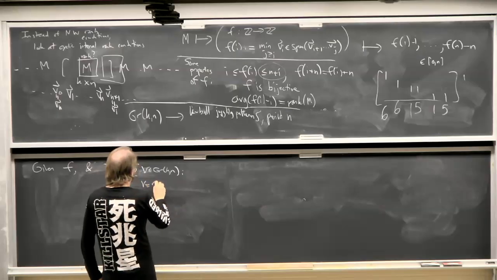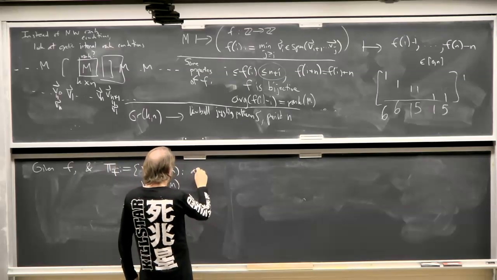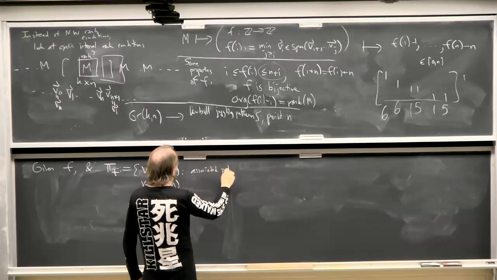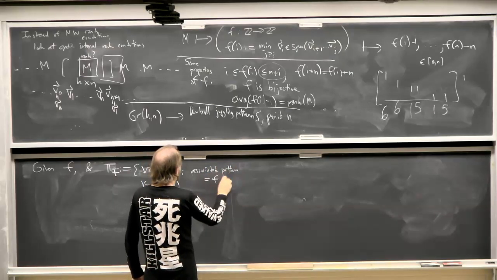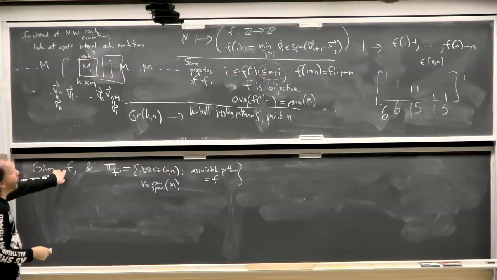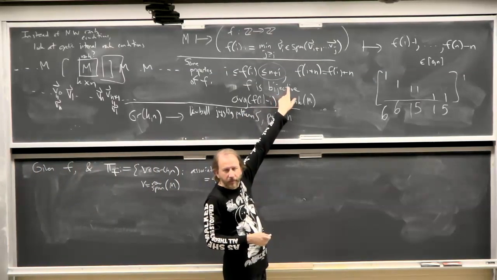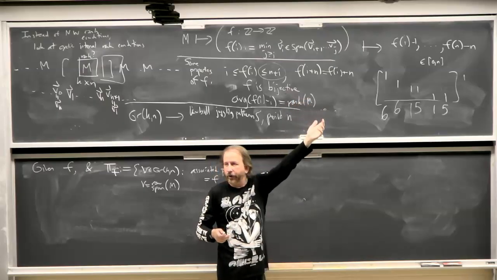So V is the row span of some matrix, and I want the associated juggling pattern to be this f. And so with this bijective, you think we should be able to describe this in more group theoretic terms.